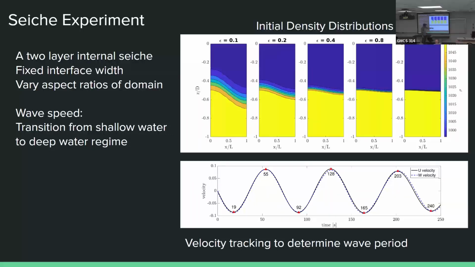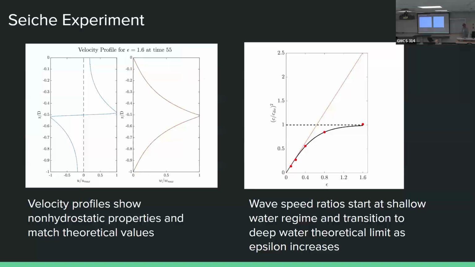So that could be my W velocity, this dotted blue line. And then I can also check the side-to-side motion. I can pick a point in the middle, and as this sloshes, it's got to go in a circular motion. So there's a point here where you can just measure left and right, and then find the minimum and maximum. Those are the waves. It's the wave speed. We track the period.